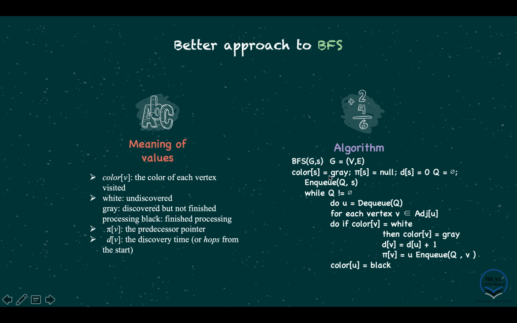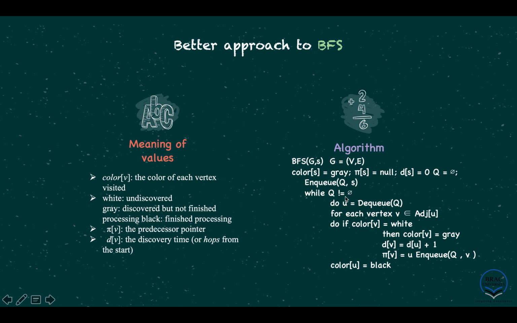We color S gray, because the source is where we start, and we want to find the adjacent nodes to it. Then we have pi S equal to null and d S equal to 0 because the source doesn't have any distance or hop. We start with level 0, and we have Q equal to empty. So we enqueue S to our Q.